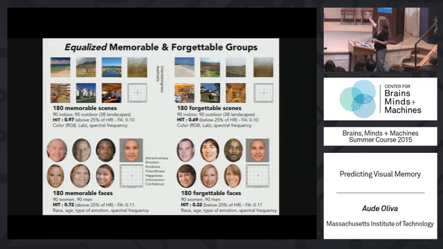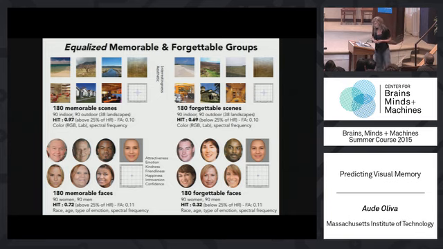You can see that some of the average signatures are actually identical on a lot of low to mid to higher level image features that were equalized between the two groups. So whatever we find is not going to be due to simple statistics of the image or the type of object those have.